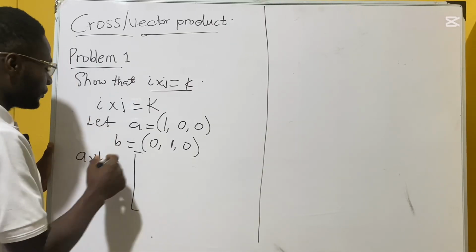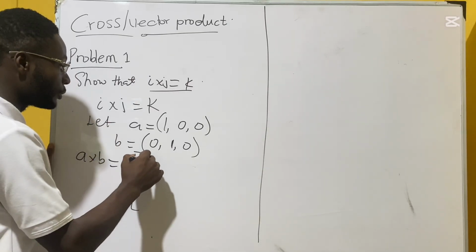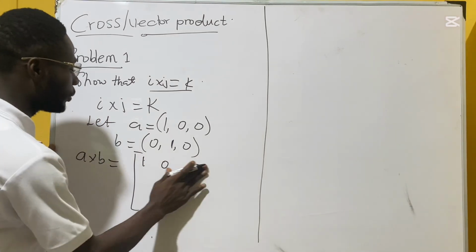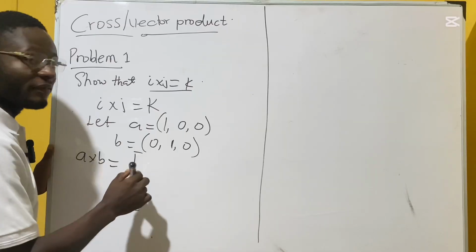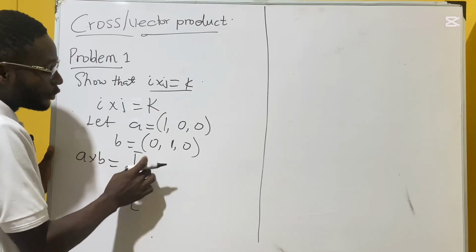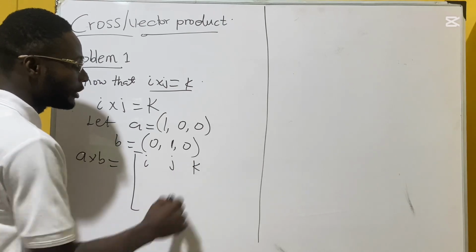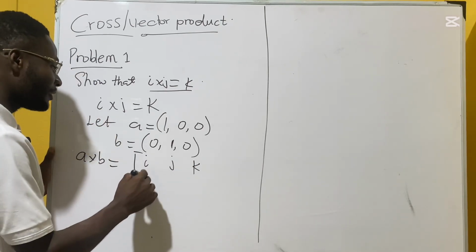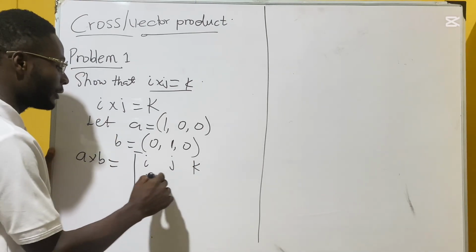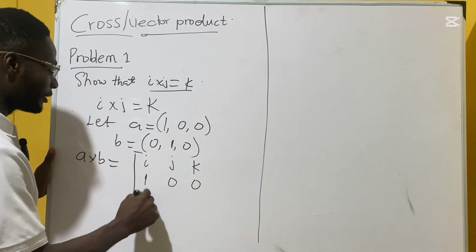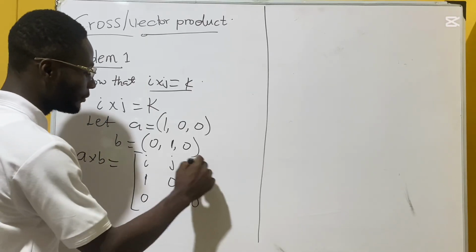So a cross b will be equal to the matrix where the first row becomes your position vectors, i, j, and k. The first element under the i is 1, the second, in that order, 0, 1, 0.